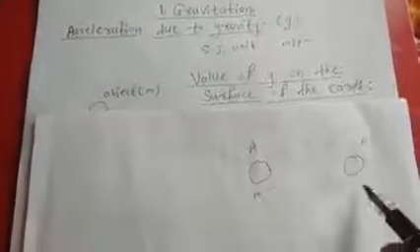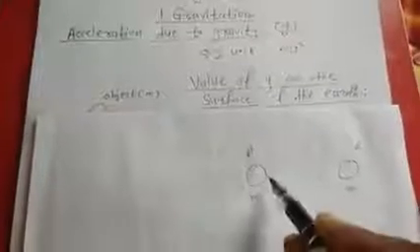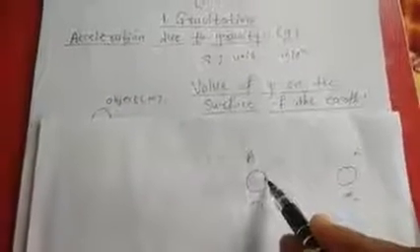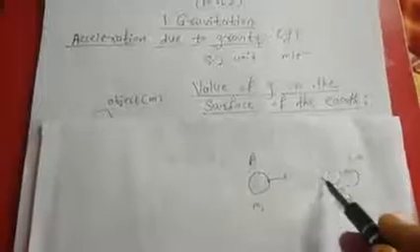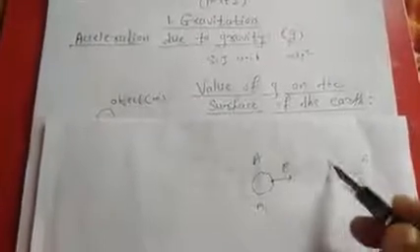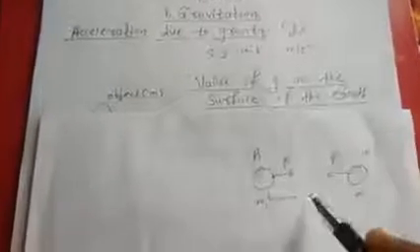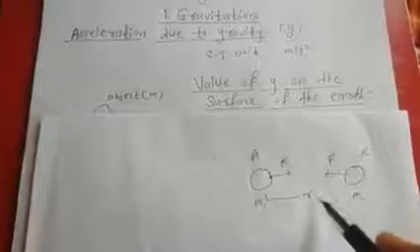Suppose that these are the two objects having different masses, object A and object B. The mass of object A is m1 and the mass of object B is m2. There is a force of attraction between the two objects. This force is denoted by capital F. And these objects are at a distance of r from each other.